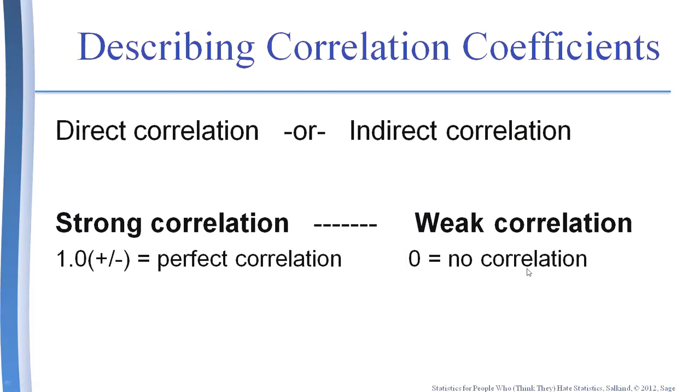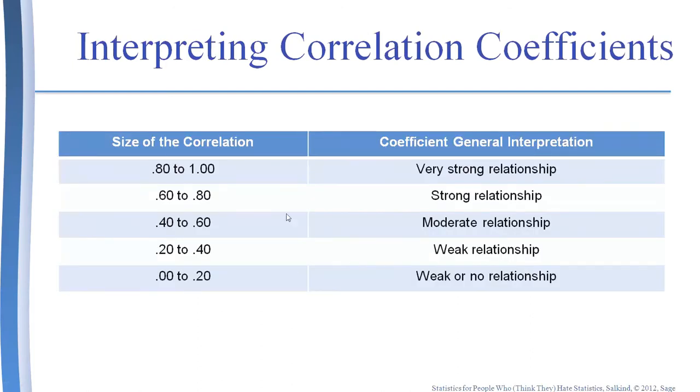And so in your book, there's a handy dandy chart, and it'll tell you if the coefficient is between 0.8 and 1, then we use the term very strong to describe it. If it's between 0.6 and 0.8, strong, et cetera, et cetera. Now it's important to remember, again, these numbers can be positive or negative.